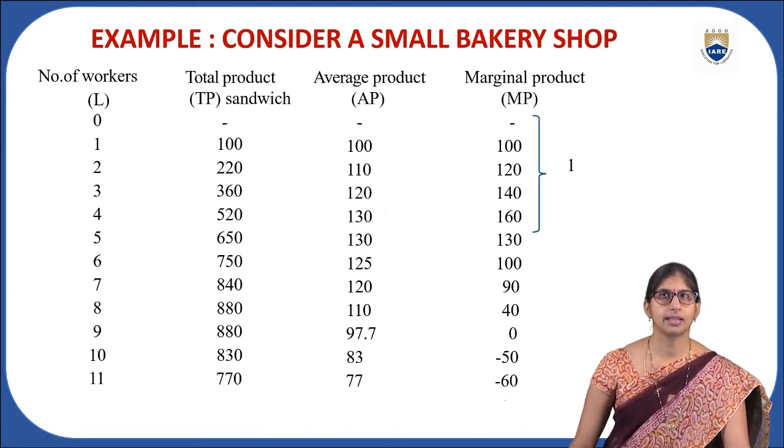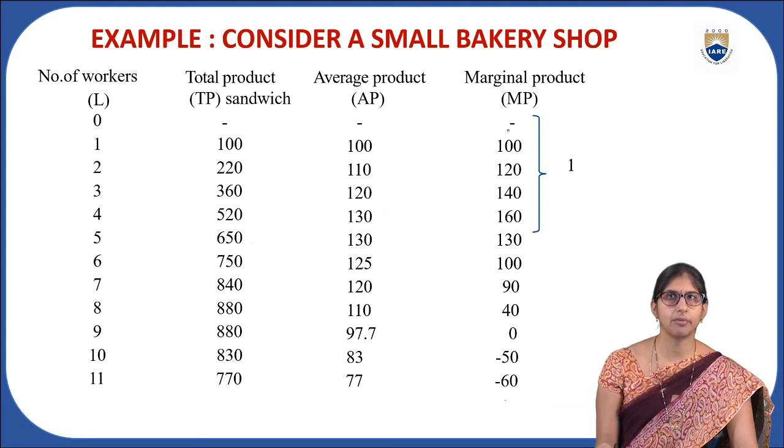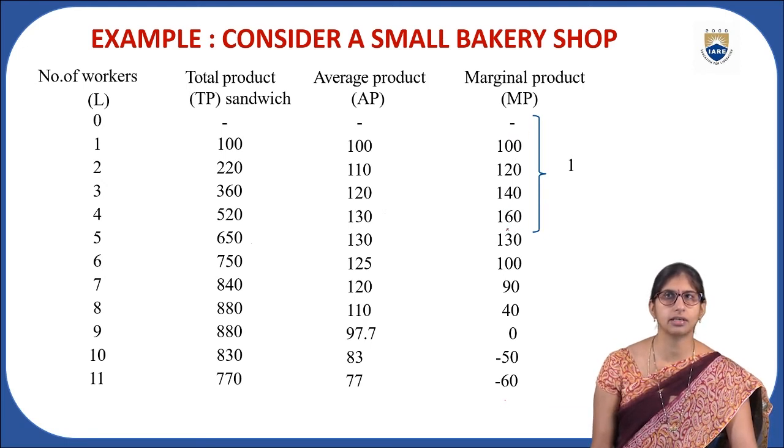When the marginal product is increasing, till 160, this is the first stage. Now coming to the second stage, where the marginal product starts declining till zero, we call it the second stage.